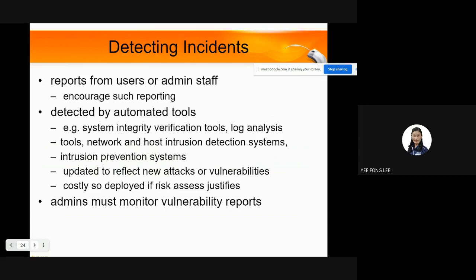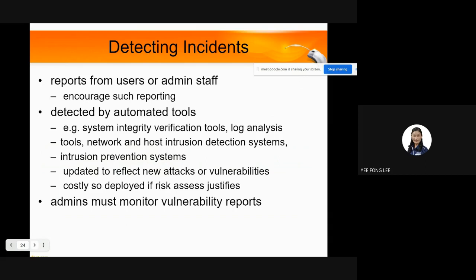Tools that can detect incidents include system integrity verification tools, network and host intrusion detection systems. We touched on these detection systems in the previous chapter. Also intrusion prevention systems. The effectiveness of such automated tools depends greatly on the accuracy of the configuration and the correctness of the patterns and signatures used. So these need to be regularly updated so that they reflect new attacks and vulnerabilities.